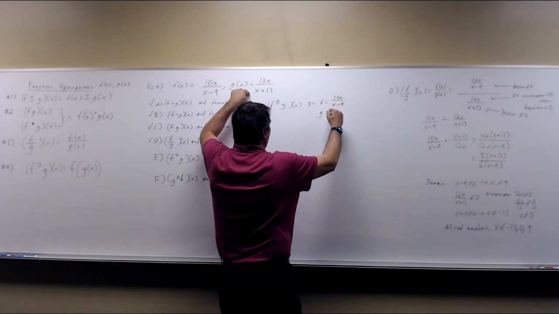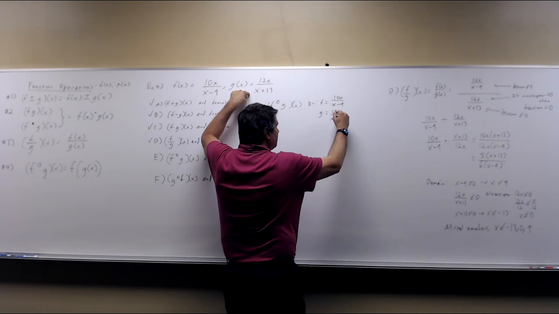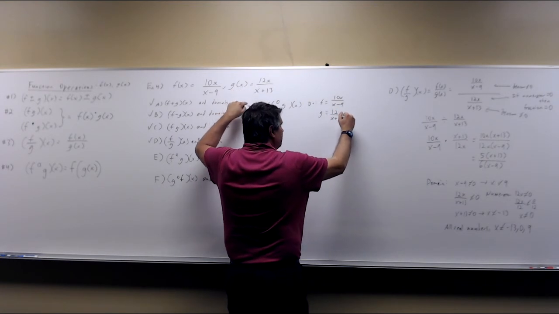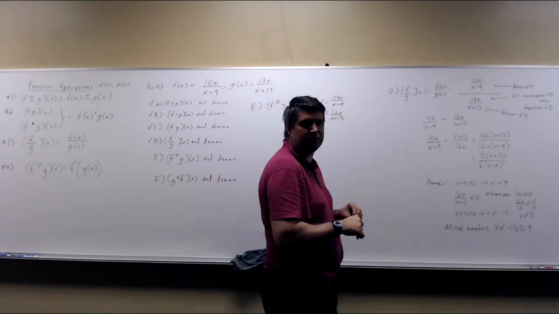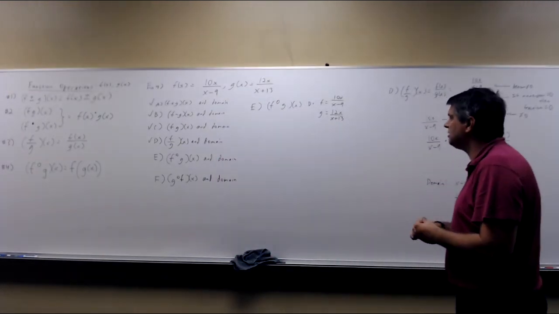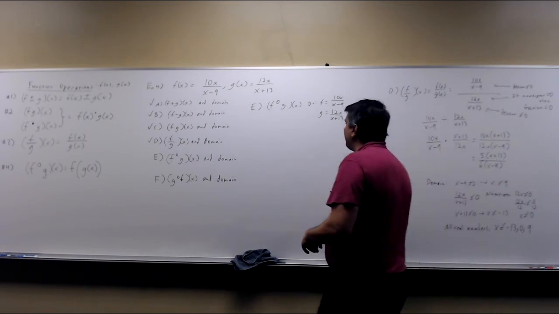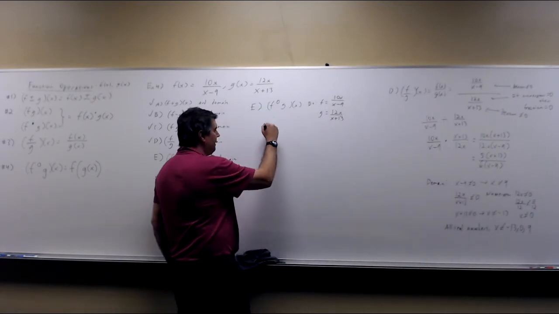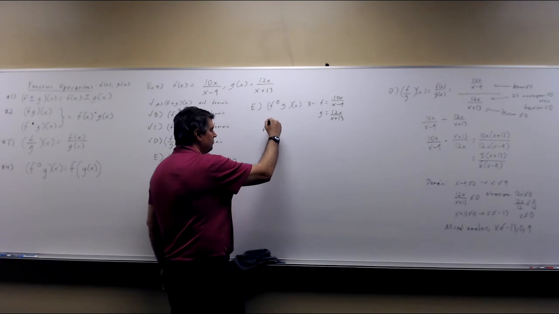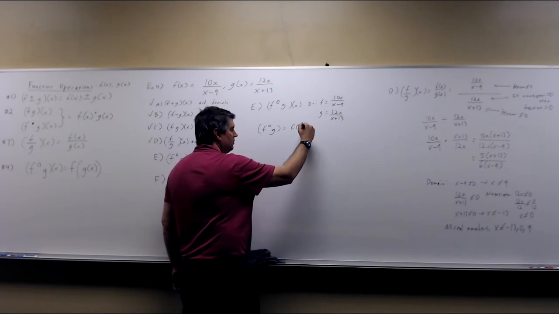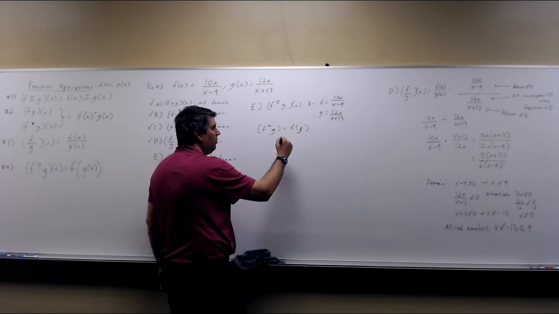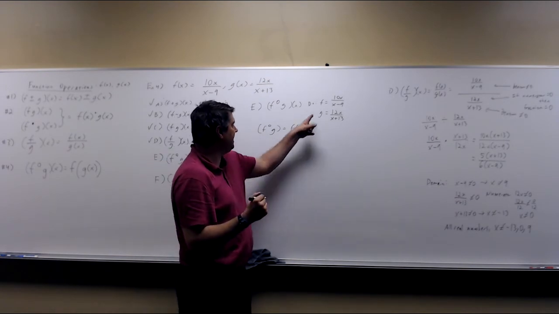And g will equal 12x over x plus 13. When I'm doing function composition, I always replace functions with variables that are equivalent. Okay, so f of g of x literally means f of g of x equals f of g. So I'm going to plug g into f.